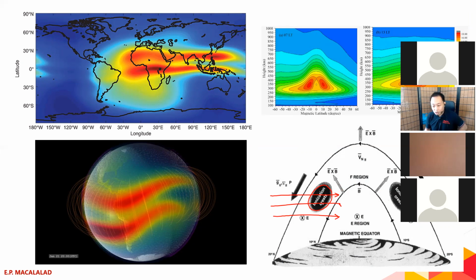It will not move across. So pag magkaroon ng neutral wind in this direction, equatorward neutral wind, what will happen is that this ionization will not move across the magnetic field. In fact, it will push up this ionization. So pwede, mechanical yon.